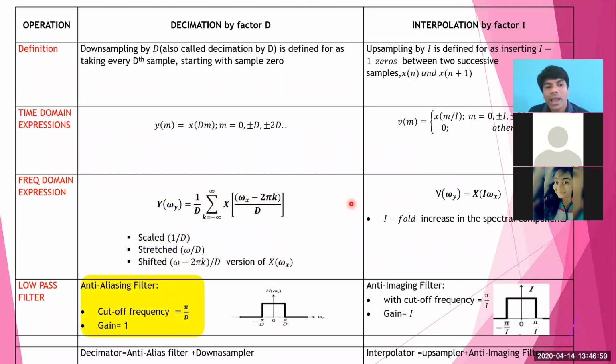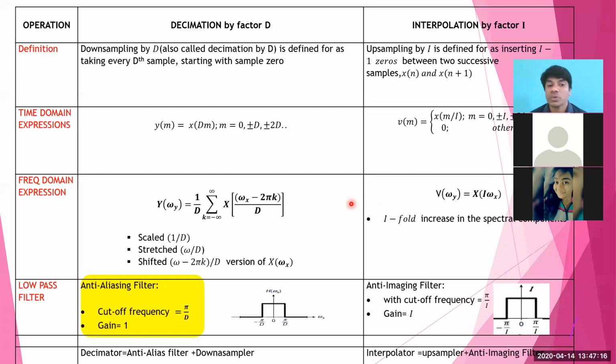Now, the purpose of the anti-aliasing filter is that since in the decimation process the frequency gets stretched, we have to make sure that the adjacent bands will not overlap.